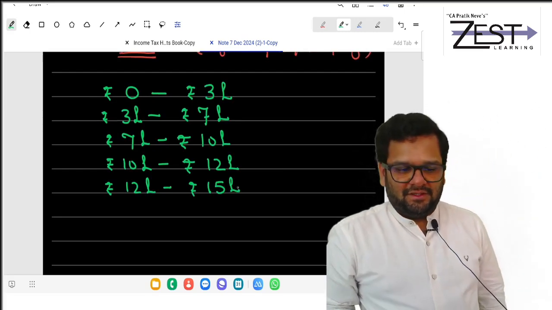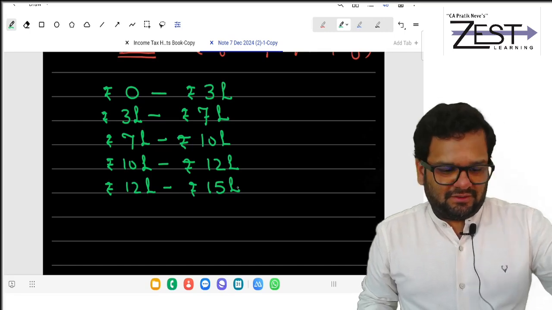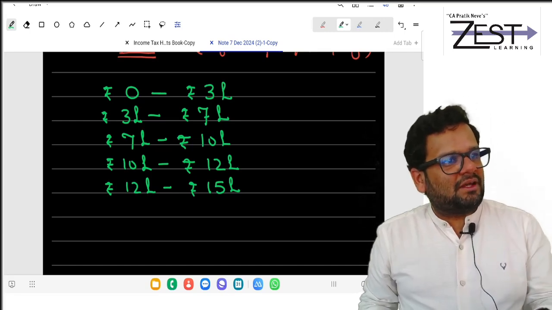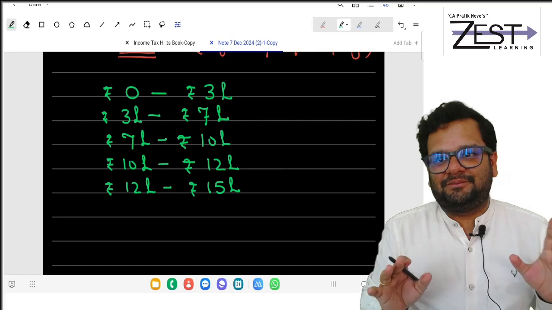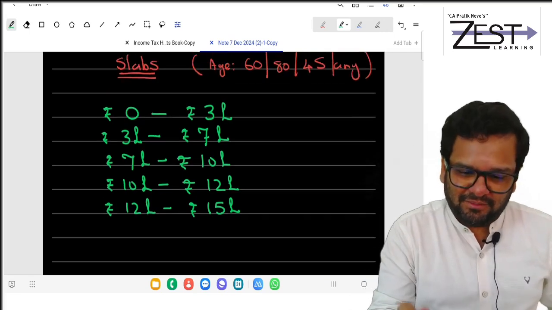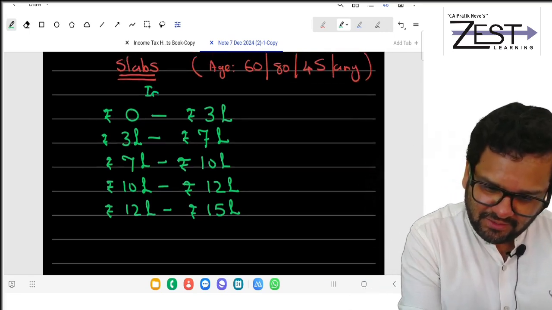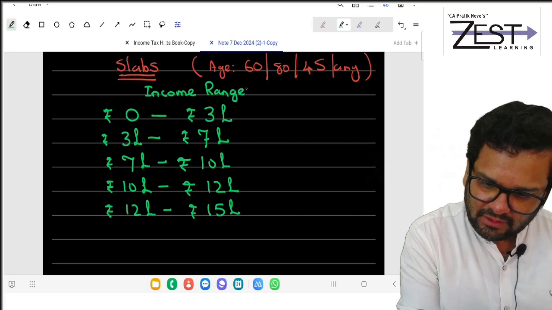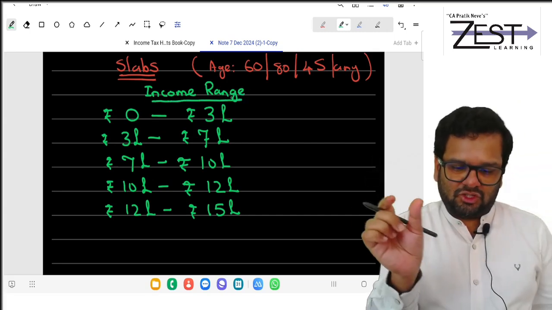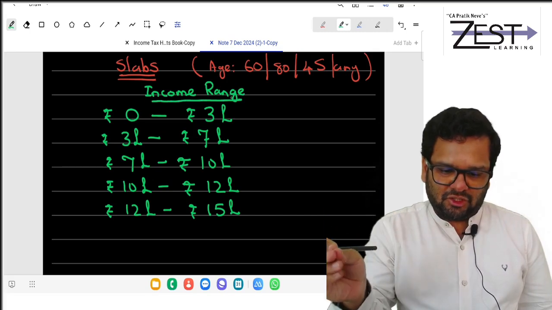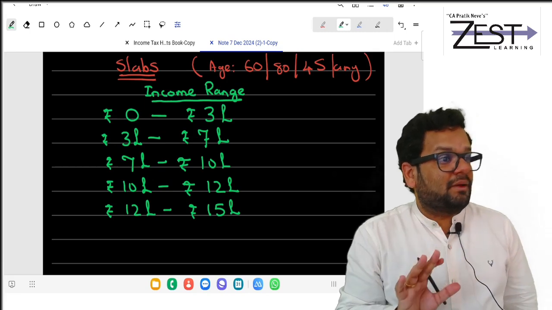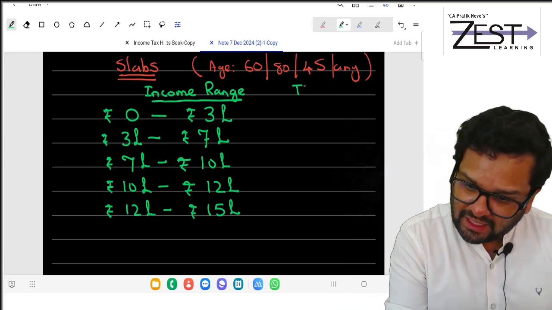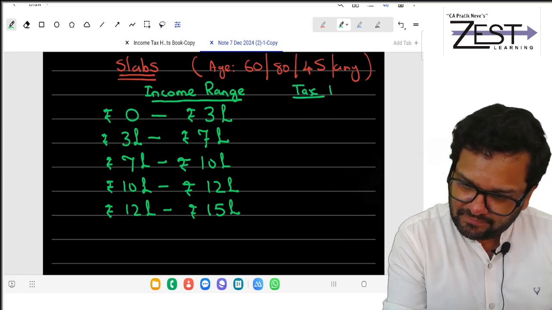Simple. 0 to 3, 3 to 7, 7 to 10, 10 to 12, 12 to 15. Keep this income range in mind. The first difference of 3 lakhs, then difference of 4 lakhs, 3 lakhs, 2 lakhs, 3 lakhs. Keep this in mind. On this, what are the tax rates?